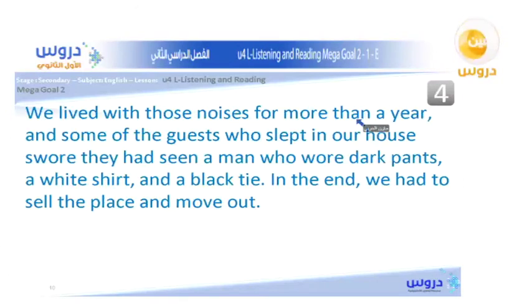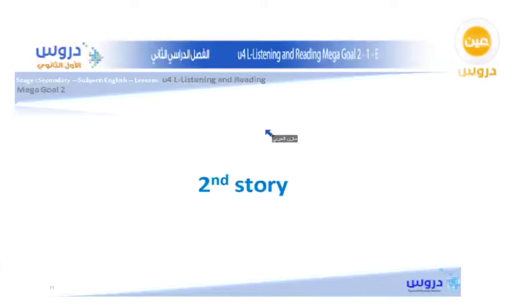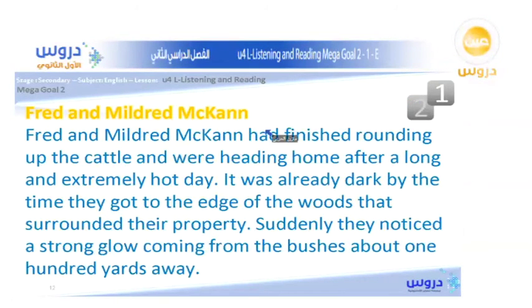Fred and Mildred Mackin. Fred and Mildred Mackin had finished rounding up the cattle and were heading home after a long and extremely hot day. It was already dark by the time they got to the edge of the woods that surrounded their property.